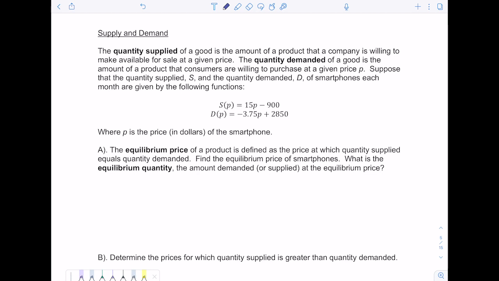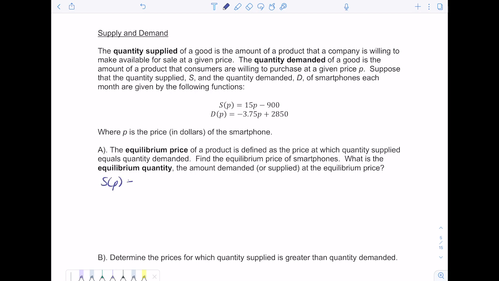In letter A, it says the equilibrium price of a product is defined as the price at which the quantity supplied equals the quantity demanded. Find the equilibrium price of smartphones. What is the equilibrium quantity, or the amount demanded or supplied at the equilibrium price? So it tells us the equilibrium price is the price where the quantity supplied equals the quantity demanded.